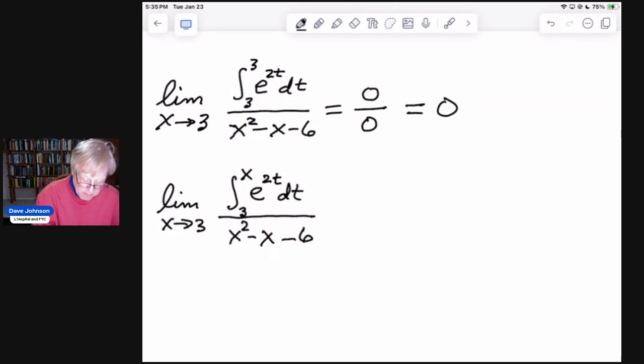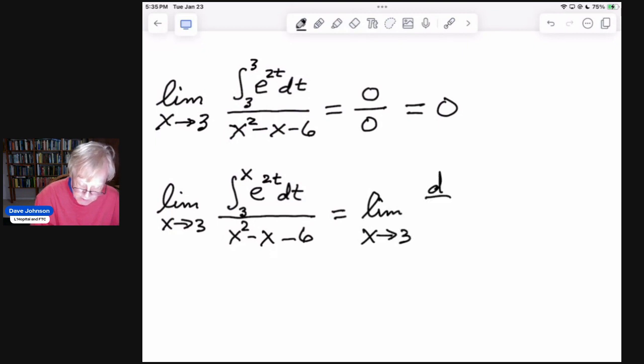Because the numerator is going to be 0 when x is 3, and the denominator is going to be 0 when x is 3, this is also indeterminate, so 0 divided by 0. And because of that, we can use L'Hopital, which means we have to differentiate the numerator and the denominator. Well, okay, so let's do that. So let me write the limit as x approaches 3.